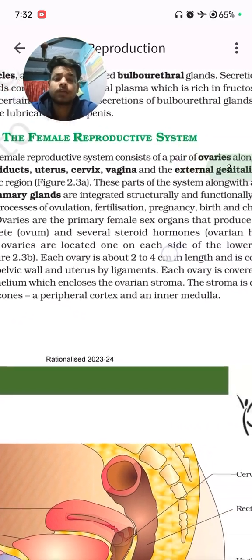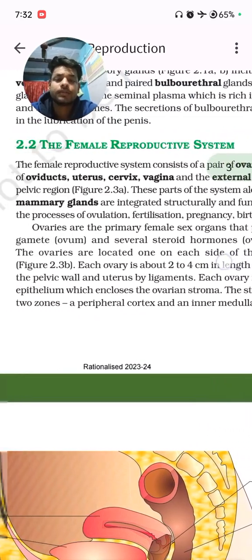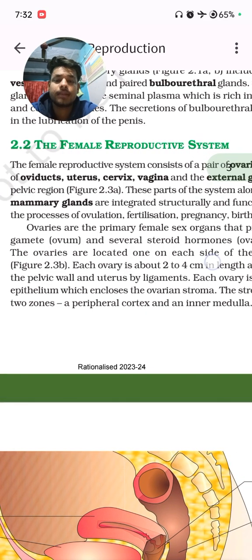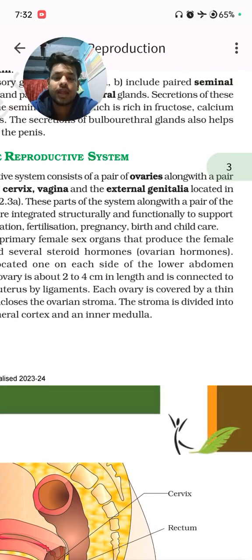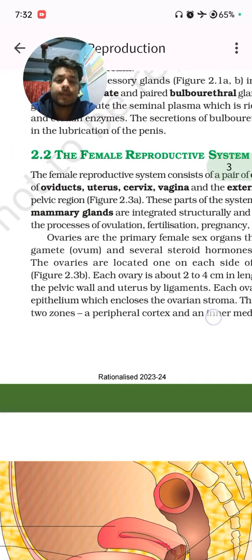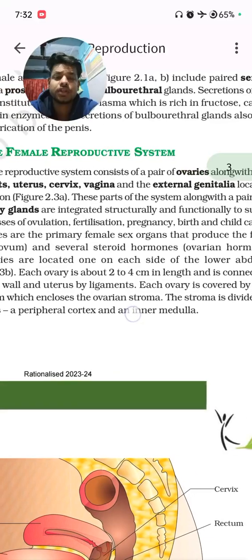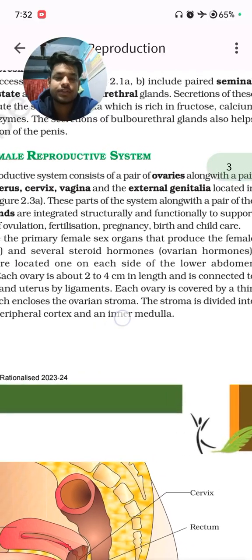These parts of the system, along with a pair of mammary glands, are integrated structurally and functionally to support the processes of ovulation, fertilization, pregnancy, birth, and child care.